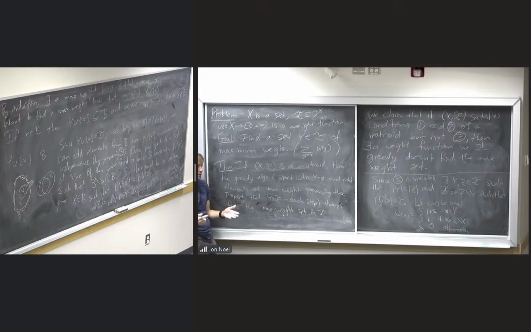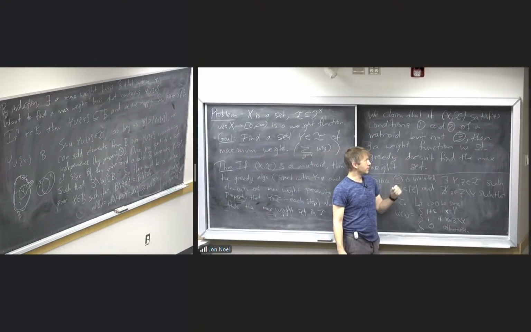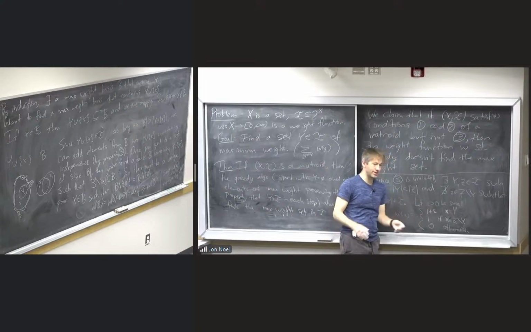So if you were doing the greedy algorithm, you would just blindly start picking elements of y, right? Because they have the biggest weight. And every time I do that, it's going to stay independent because it satisfies conditions 1 and 2. So every subset of y is independent. As long as I keep picking things in y, it'll stay independent.